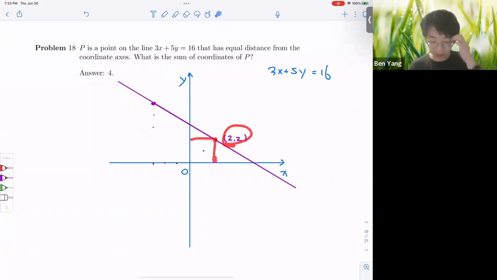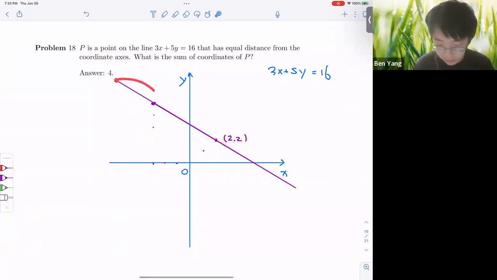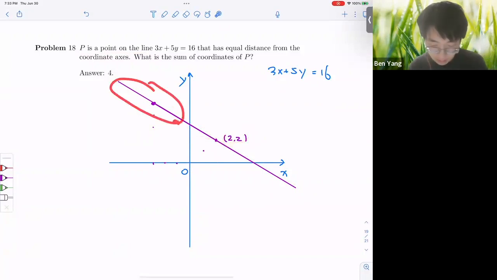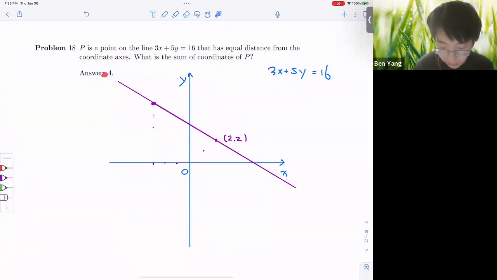If you look at other points, like over here, there might be a point here with the same distance.